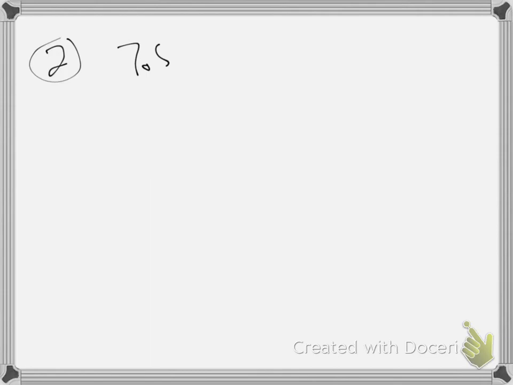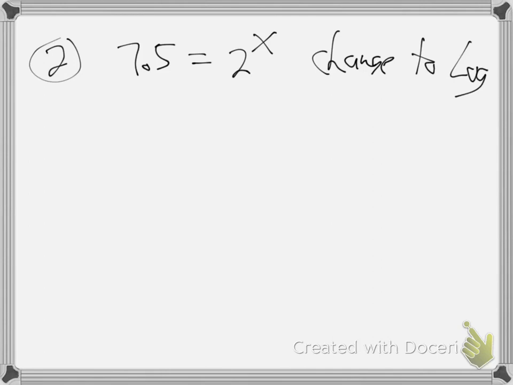So let's try another one. 7.5 is 2 to the x. Change to log. So try that one. Change it to log. So bring in a log on both sides. Make sure the bases match, and then they'll cancel. So what's the base? 2.